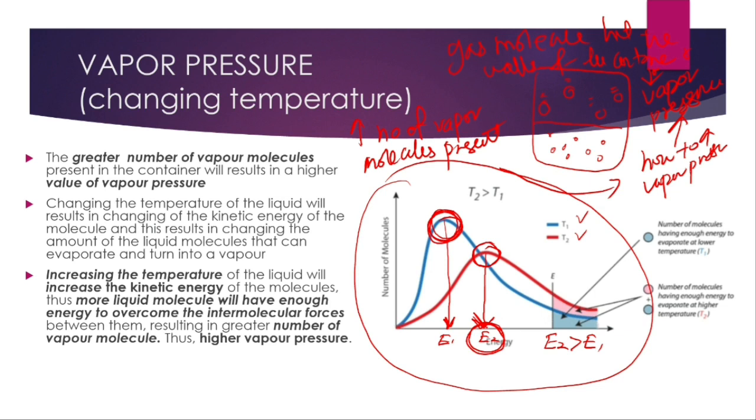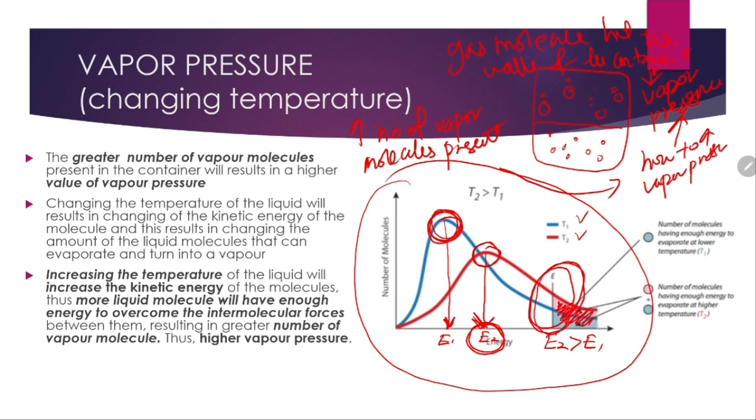Just to let you know, this activation energy is the amount of energy required for the molecules to break the intermolecular forces between them so they can get free and become a vapor. It is represented as this barrier E. The area under the graph shows the number of molecules having enough energy to break the intermolecular forces.